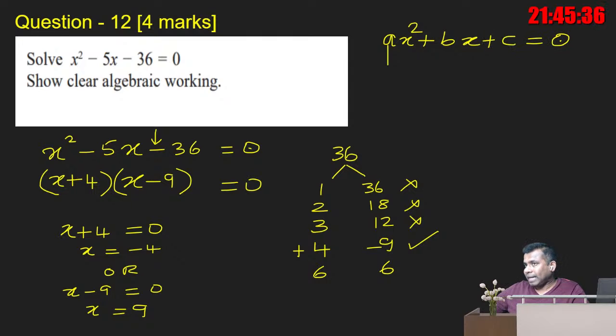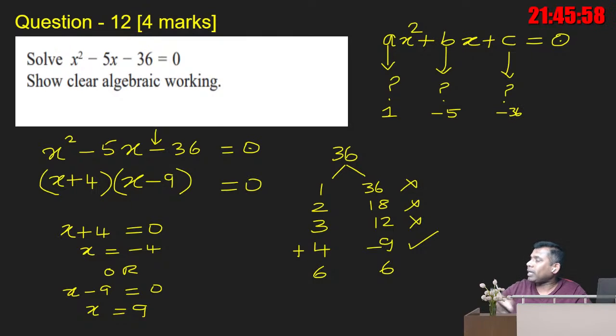The calculator needs to know your a value, your b value, and your c value. Once you give those 3 values, the calculator processes that information and gives the x values for you. In this question, a is 1, b is minus 5 and c is minus 36.